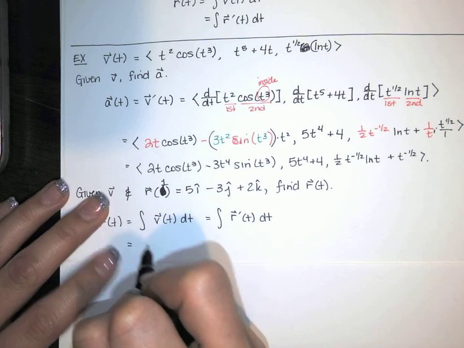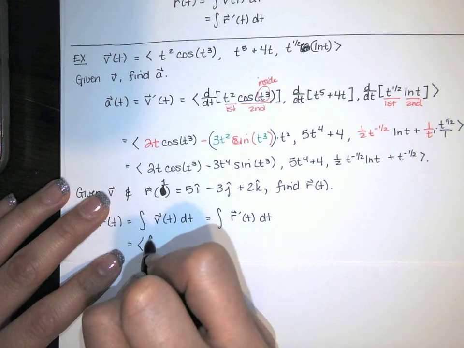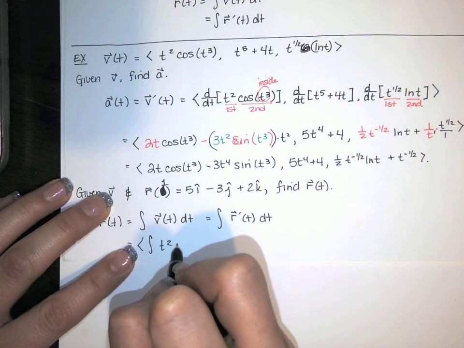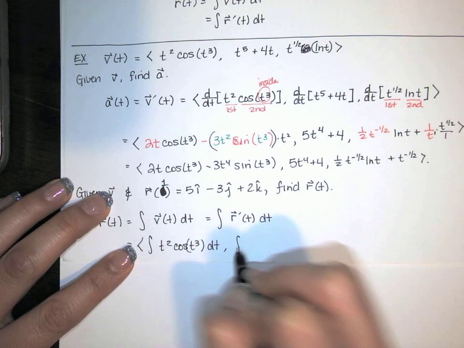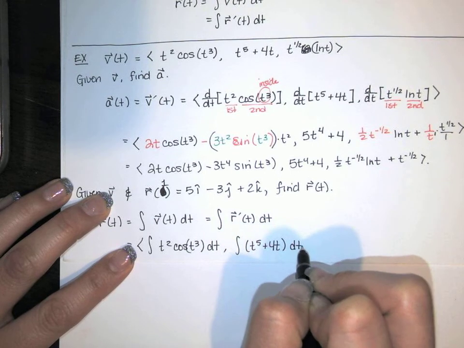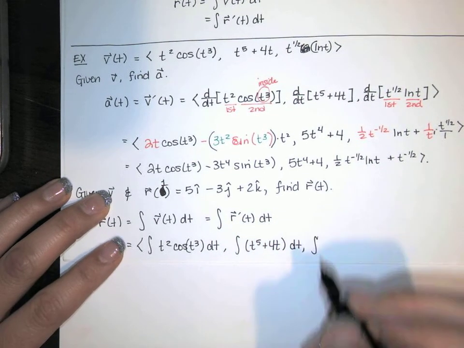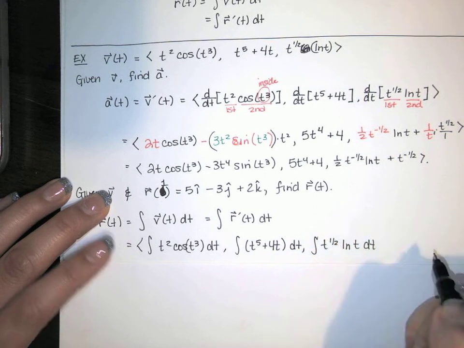So we've got the integral of this guy, and that means you're going to take the antiderivative component by component. And I said this was contrived. I wasn't kidding. Just wanted us to get some practice with those critical rules.